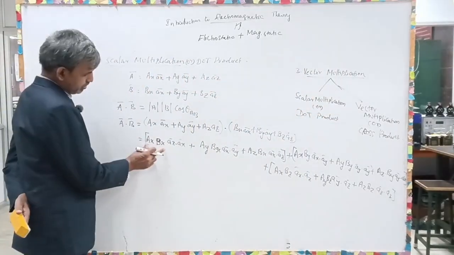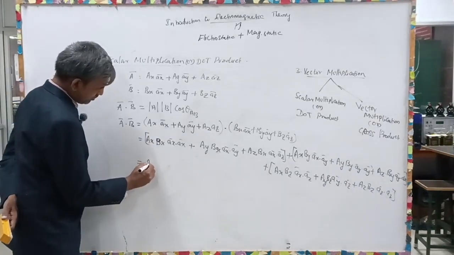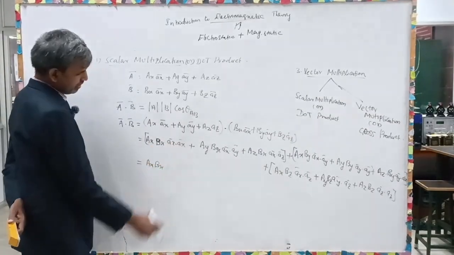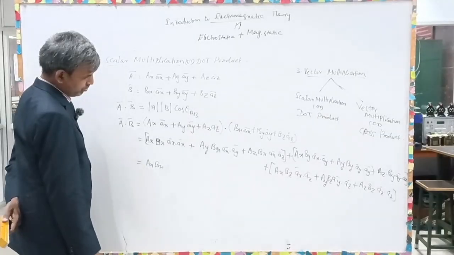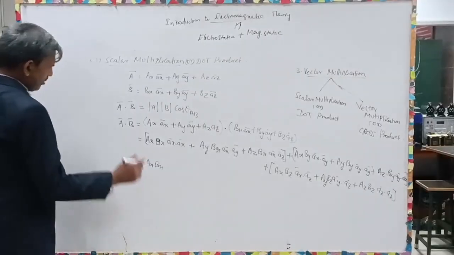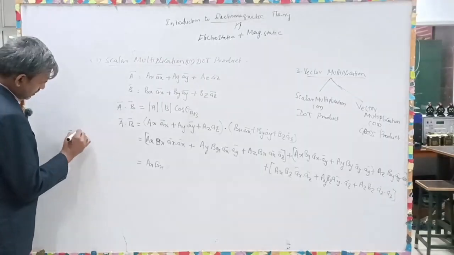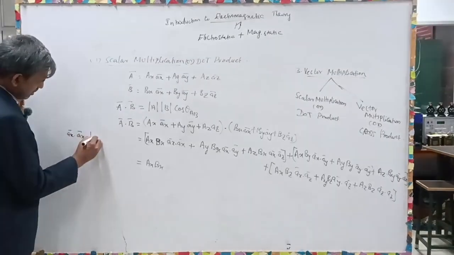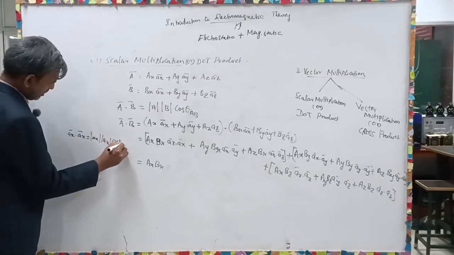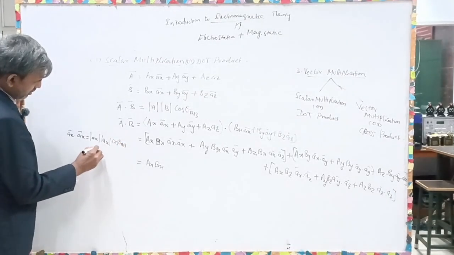Now these two are magnitudes, so we are writing them directly. So Ax Bx. Now we have these two, we are going to take the dot product of these two vectors. For example, Ax dot Ax is equal to modulus of Ax, modulus of Ax, cosine of the angle between them. So the unit vector of Ax will be 1, 1.